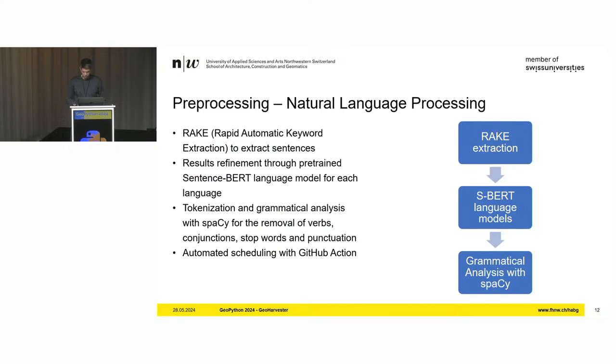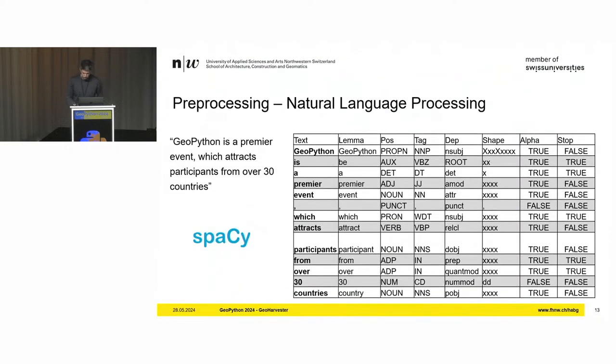For those who are not familiar with natural language processing, this is what spaCy does. It analyzes the grammar of a sentence, and you can retrieve all this kind of information and decide which fields you can use, if it's stop words, if it's verbs, and so on. So you can just keep what you need and implement other functions on it.